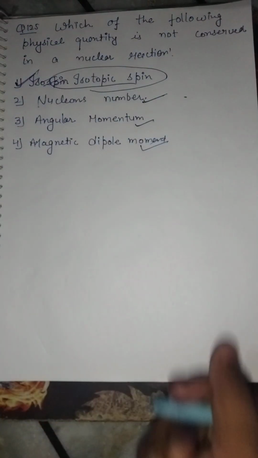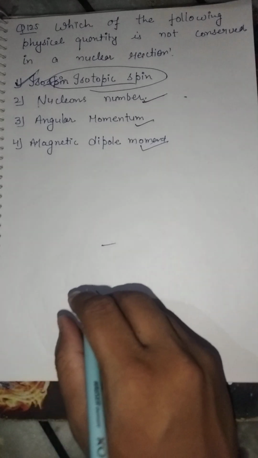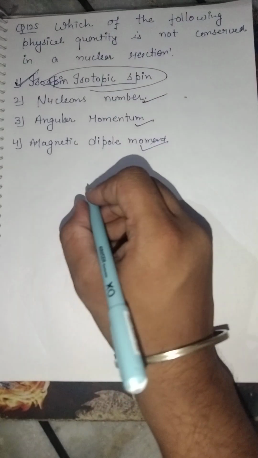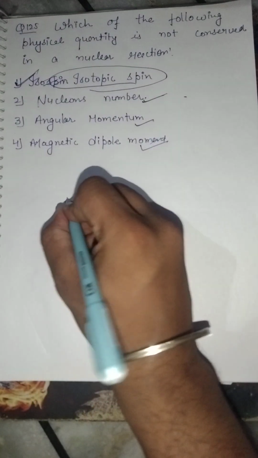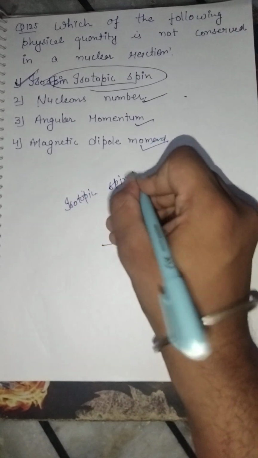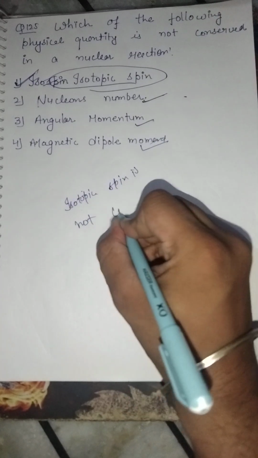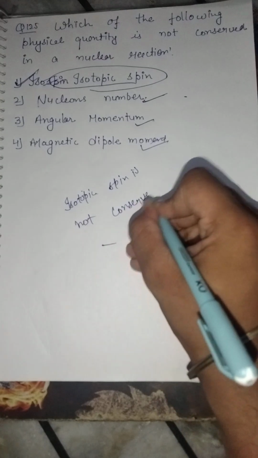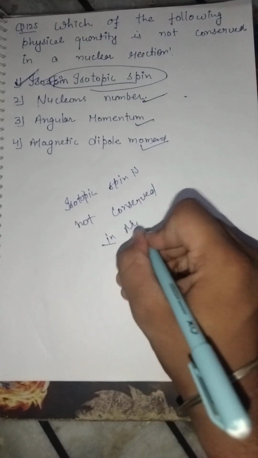So our option 1 is more suitable. So we can say that isotopic spin is not conserved in nuclear reactions.